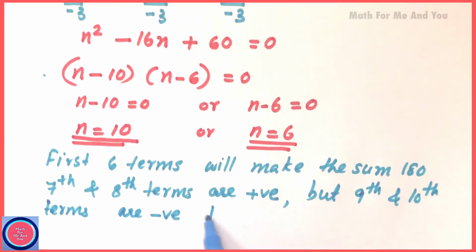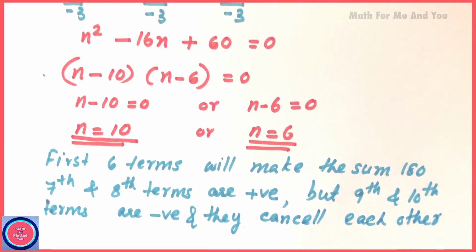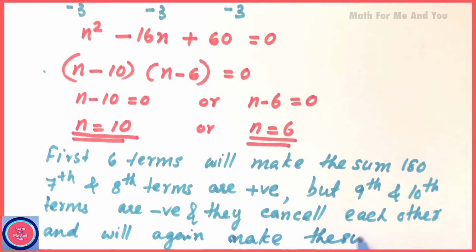In effect, we could say the total of all the 6 numbers plus these 4 numbers. These 4 numbers, when we find the total, cancel each other because the first 2 are positive and we get the same value with the last 2 numbers. So the total again will be the same number, 180. This is the reason.